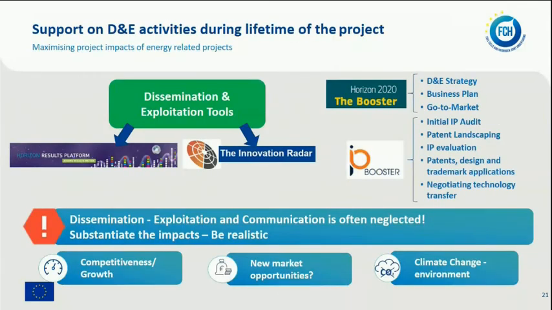You will have the presentations anyway for your convenience later on the website. These are tools not available now at the level of the proposal, but just to make you aware how important these aspects are for Horizon 2020 and the European Commission, in such a way that it has put together some tools to help the beneficiaries with that.